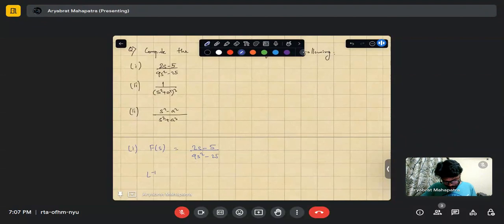When you take the Laplace inverse of f of s, that is the inverse Laplace of 2s over 9s squared minus 25, minus the inverse Laplace of 5 over 9s squared minus 25.